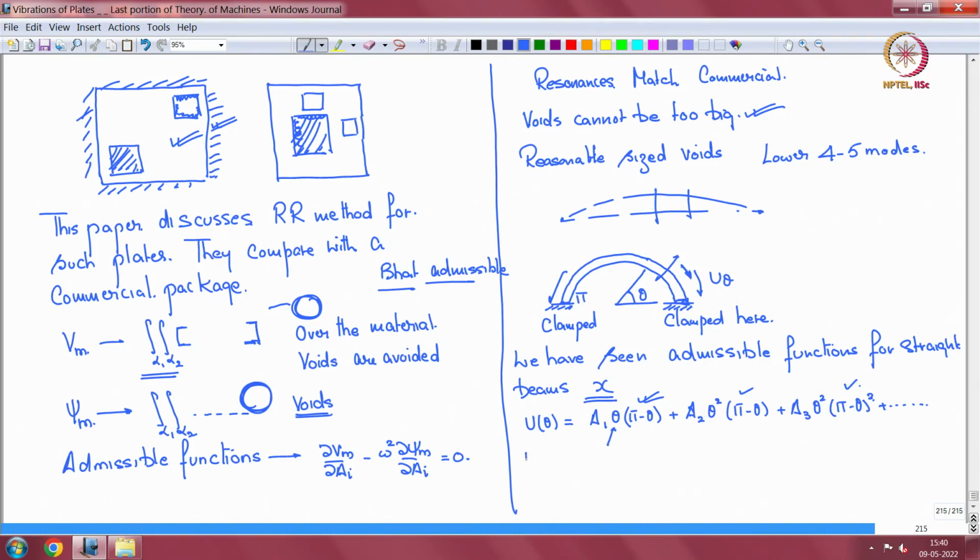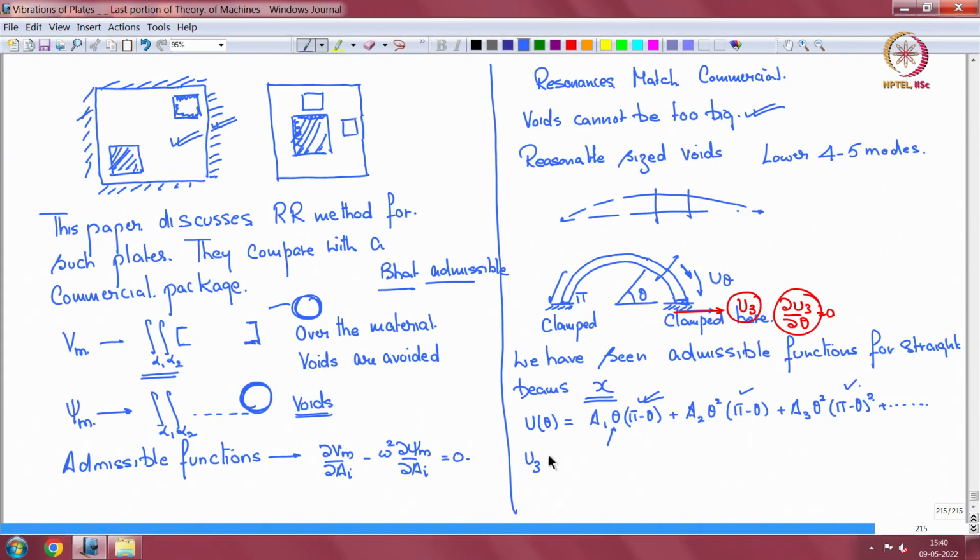Okay. Then u3, there are two things, this is u3 here. At this point this is u3. Then you have del u3 by del theta is also 0. The slope is also 0, this is clamped, built into the wall. So you need a function that is slightly higher order to satisfy this.